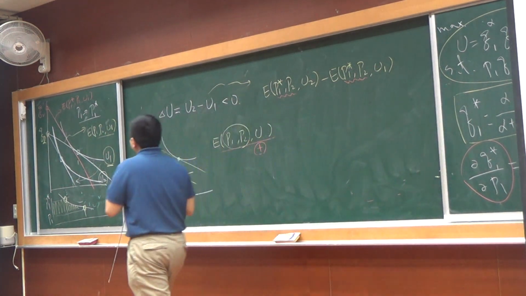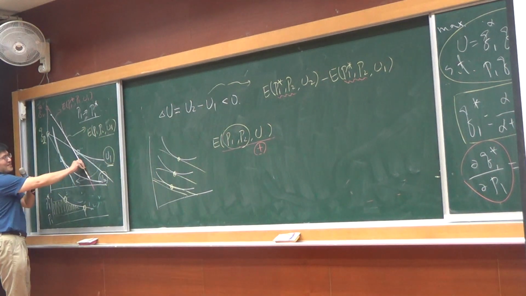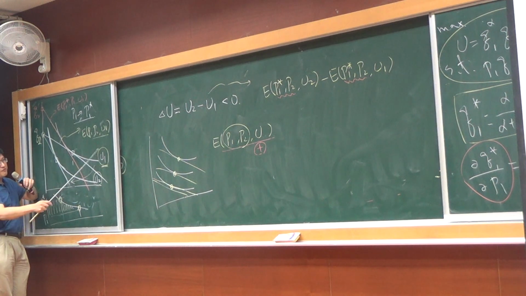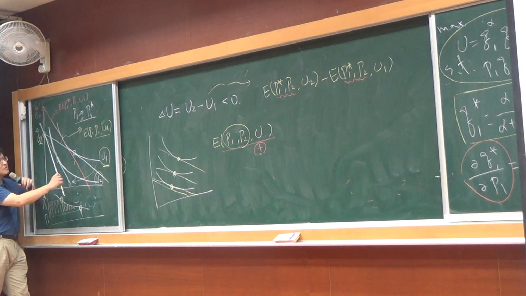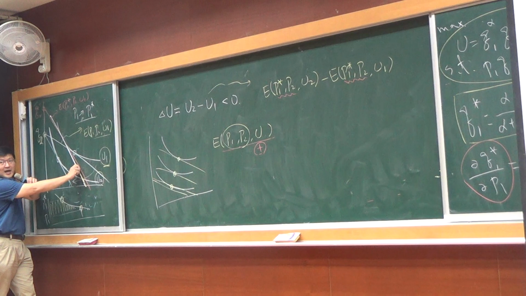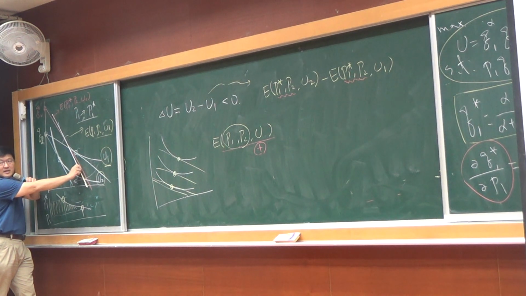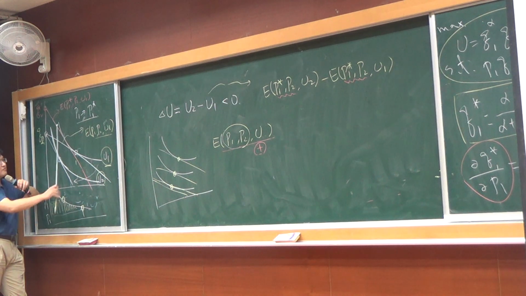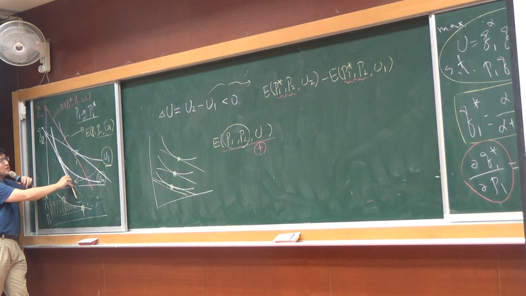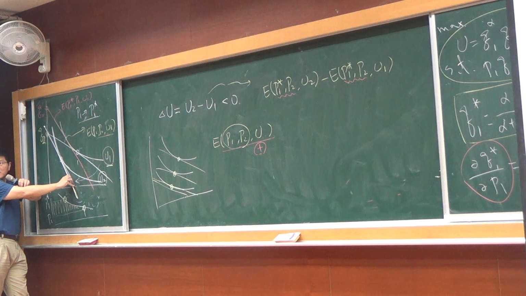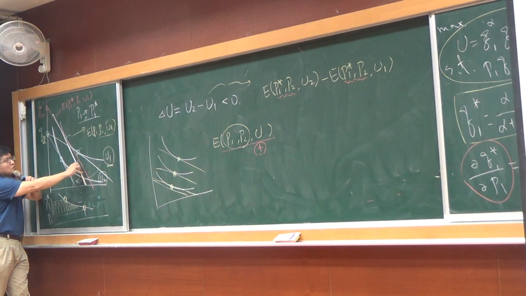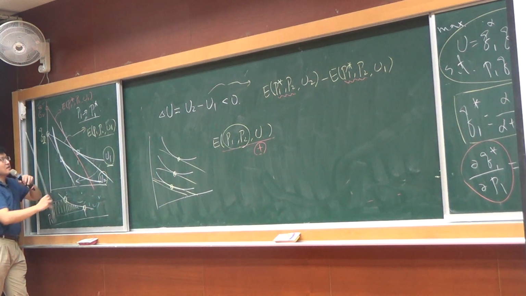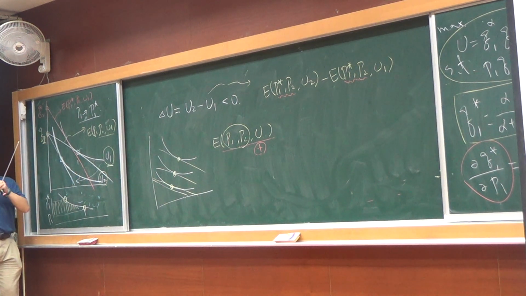Once again. Alright, now the MRTs look like this. If you want to achieve a higher utility level, your minimum expenditure must be higher. If you want to achieve a lower utility level, the minimum expenditure would be lower. But we need to fix the MRT so that we may compare the vertical difference.